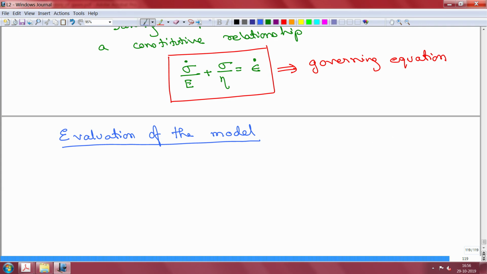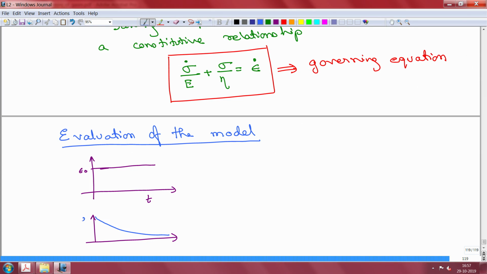So, let us consider the situation where you are going to apply a given strain epsilon 0, and then the stress, we know from our introductory classes, should decrease with time.